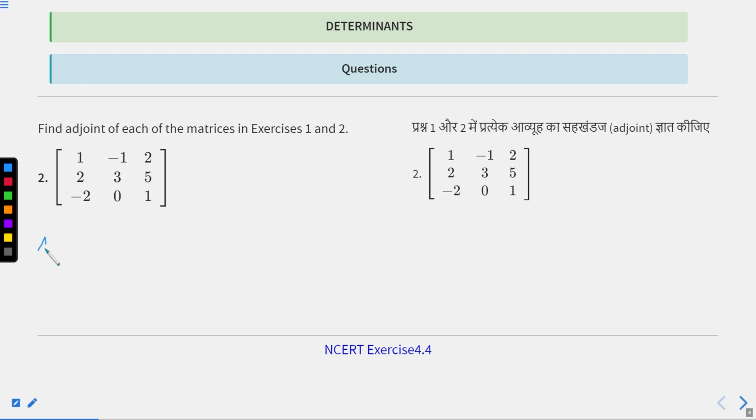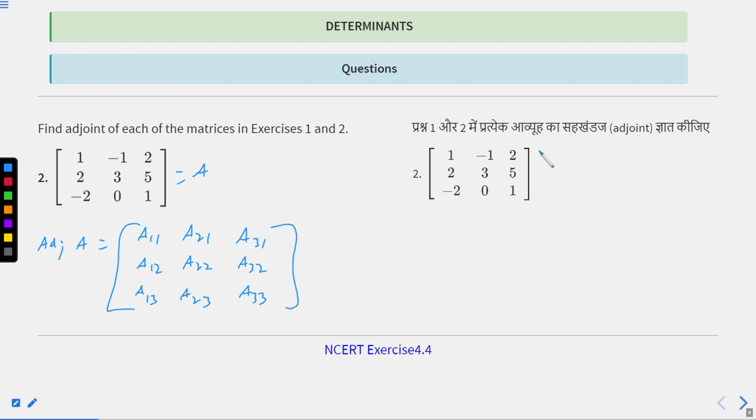Directly, if this is your A matrix, then after transpose your adjoint will look like this: A11, A21, A31, A12, A22, A32, A13, A23, A33. That's it.